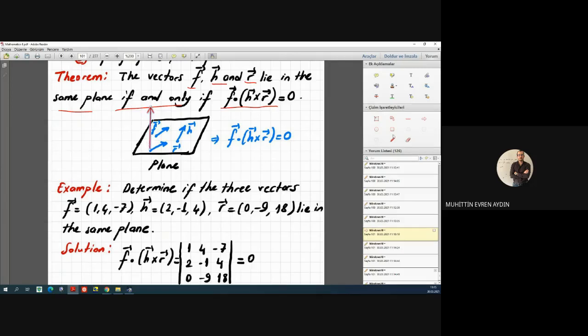Yes. Let's say h cross product r. So if f lies in the plane spanned by h and r, then it must be perpendicular to h cross product r, which is here.